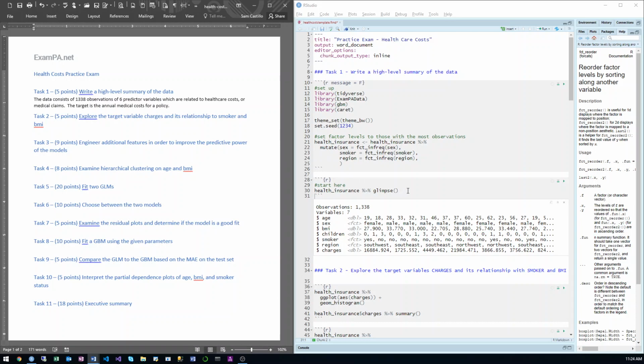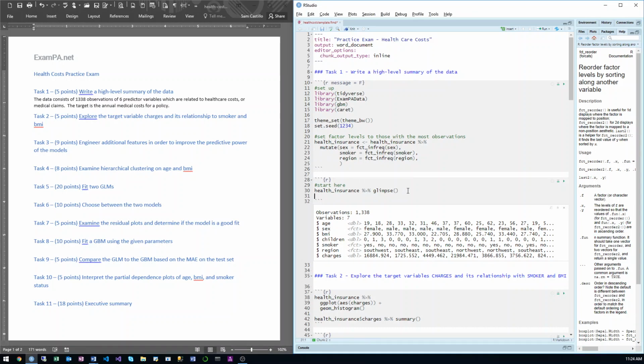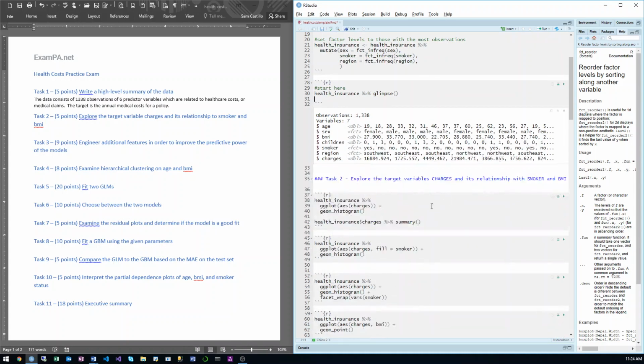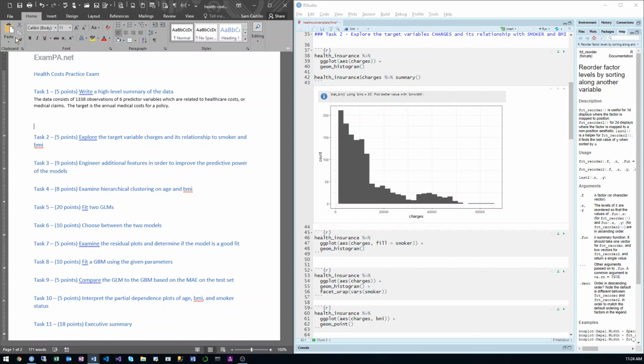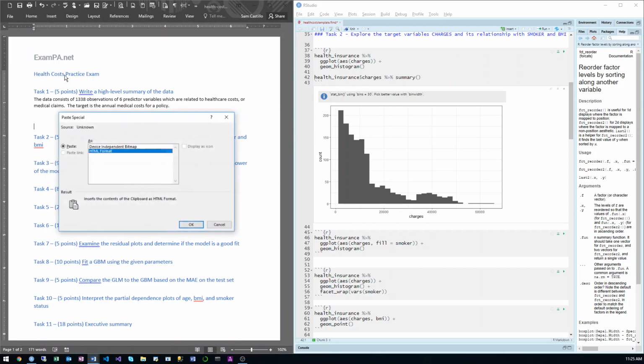Let's look at the histogram of the target variable. We can see that it's right skewed, it's positive. I'm going to copy this as an image, and then when I paste, I go to paste special as independent bitmap.